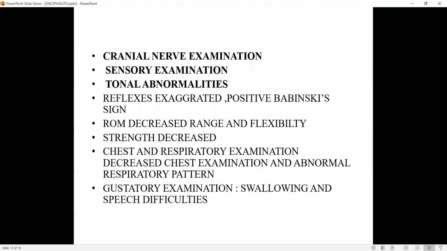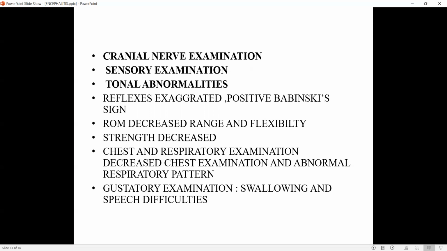Cranial nerve examination, sensory examination, tonal abnormalities, reflexes: positive Babinski sign, range of motion decreased, flexibility and strength decreased.